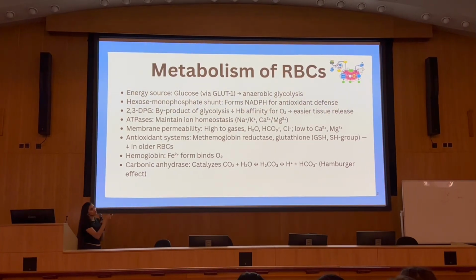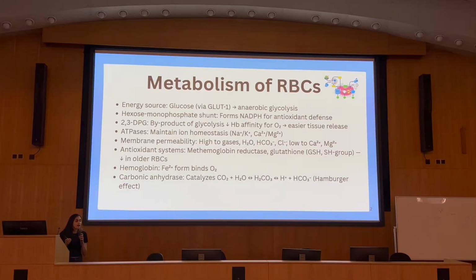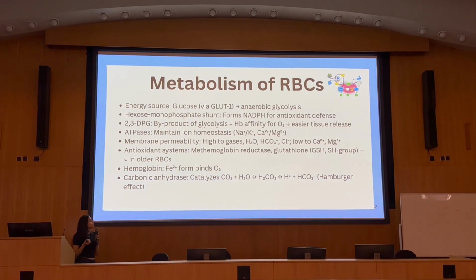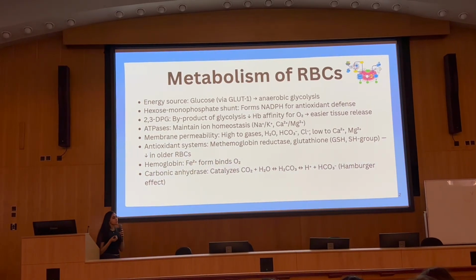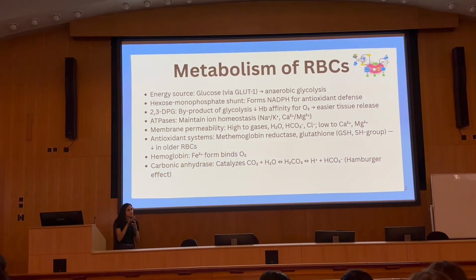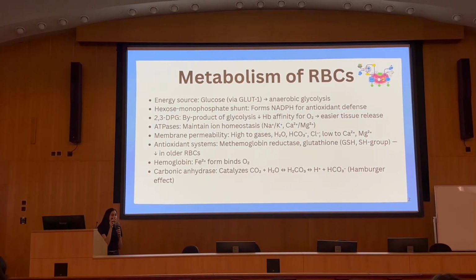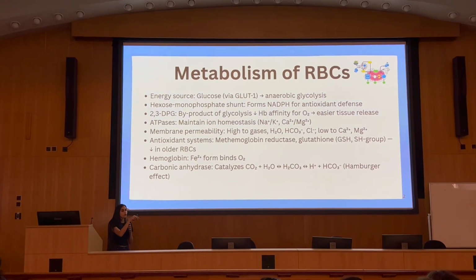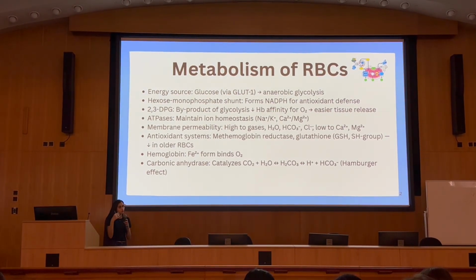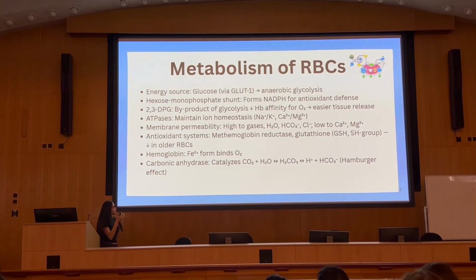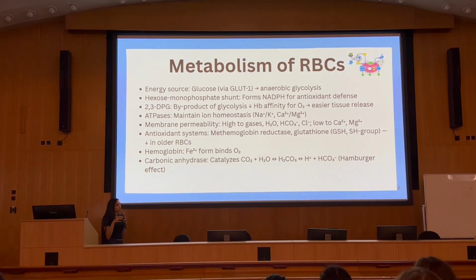Then 2,3-DPG. 2,3-DPG is a very important compound, and it's basically produced by the RBCs. This is just for you guys to understand, you don't have to know this in detail, but what it does is it will bind onto hemoglobin where oxygen doesn't bind, at a different site, and it makes hemoglobin have less affinity for oxygen.